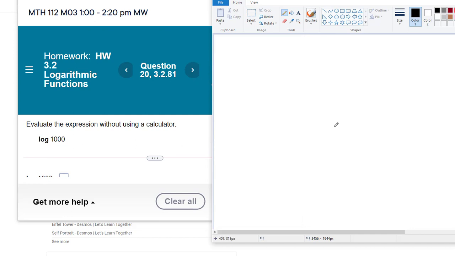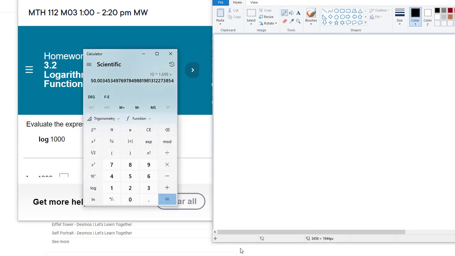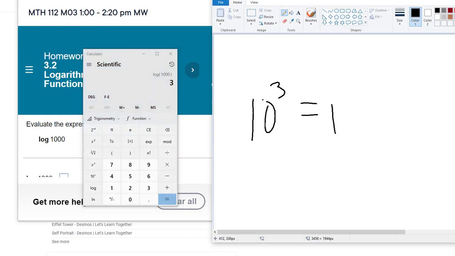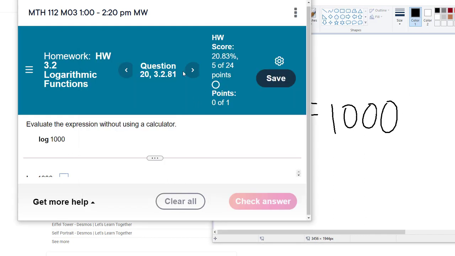So you can press log of 1,000. Okay, so you put in 1,000, you press the log, and you get 3. Well, that's because 10 to the third is 1,000. Remember, when you're doing a log, you're looking for the exponent that you raise the base to, understood 10 here, to get that answer there.